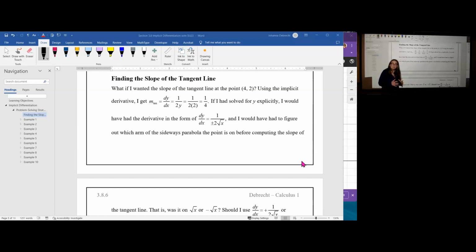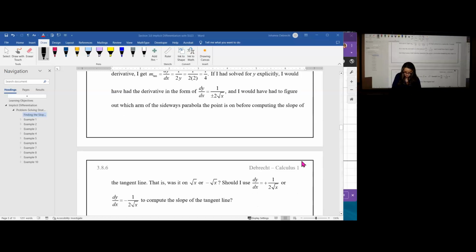If I had solved for y explicitly and found the derivative, I would have dy/dx equals 1 over plus or minus 2 the square root of x. I would then have to figure out which arm of the sideways parabola the point is on to decide whether the slope was positive or negative before I could complete the problem.